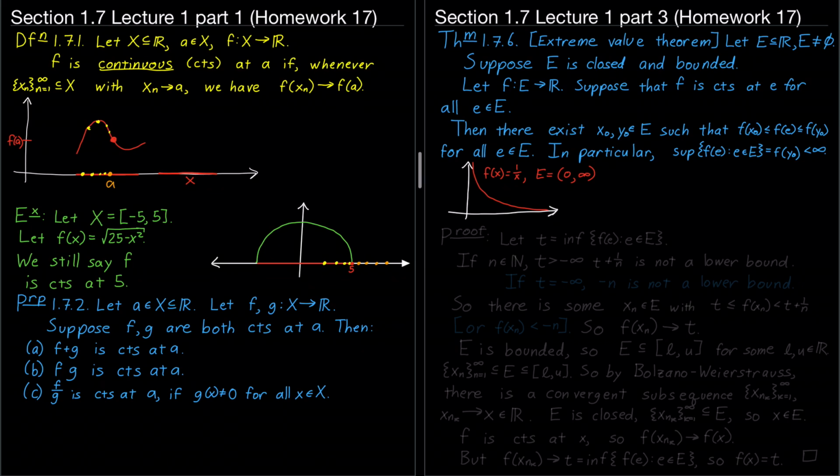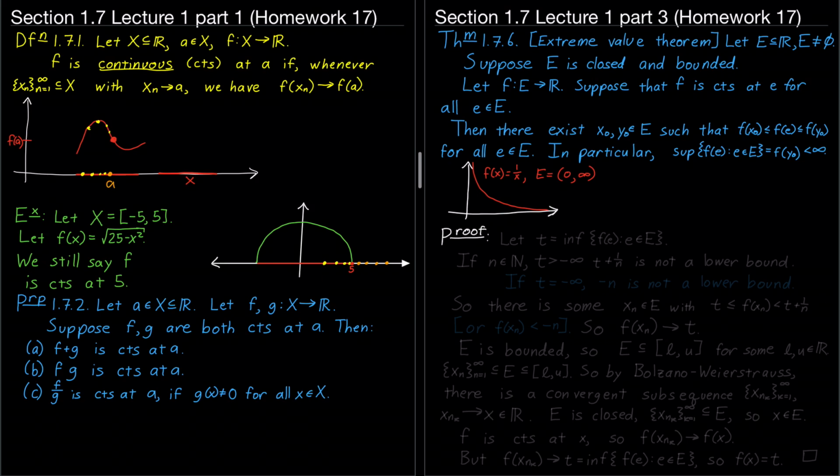This is bounded from below here, but you'll notice that the lower bound is 0, and 1 over x never actually gets to 0. And what we're saying in this theorem is that this cannot happen with a closed and bounded set. Let's go ahead and prove this.